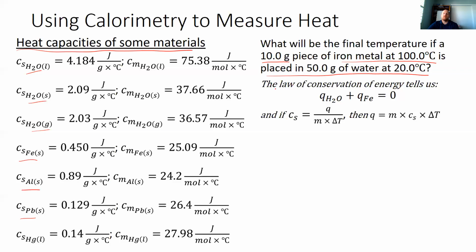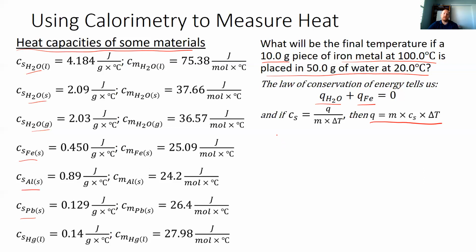So what we know is that, based on the law of conservation of energy, the heat of the water plus the heat of the iron will equal 0. And so we can use the idea of Q equals mC delta T to our advantage here.